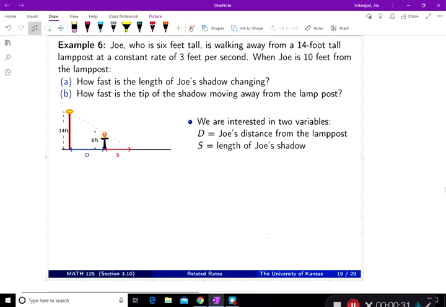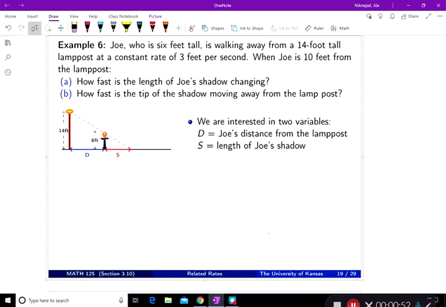Let's remember this. Rays of light are straight lines, so we can imagine that the rays of light above somebody's head are going to go in a straight line.